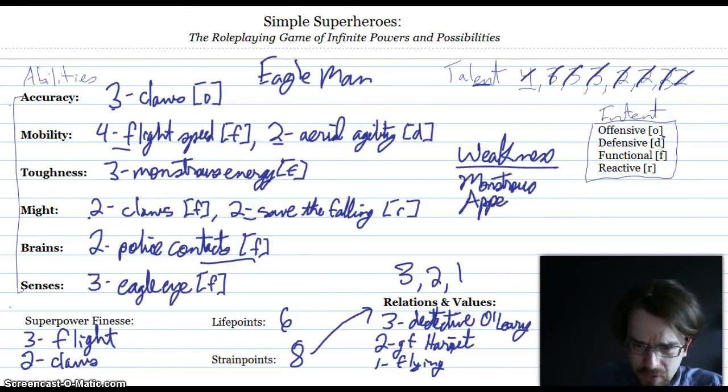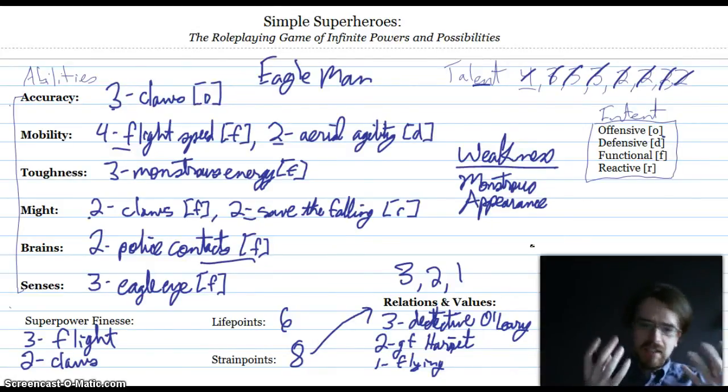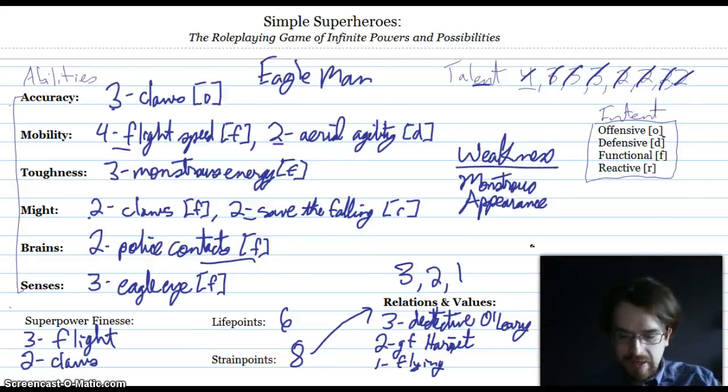So Eagle Man was genetically altered by Professor Adracus, and has these giant wings coming out of his back and misshapen claws for hands. So it's very difficult for him to appear in many social settings for obvious reasons.